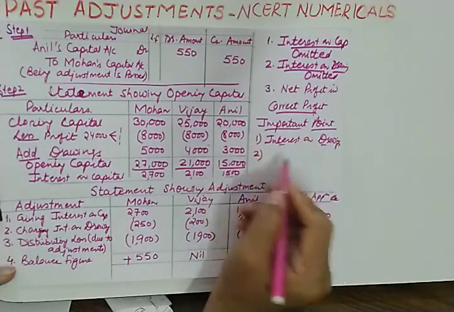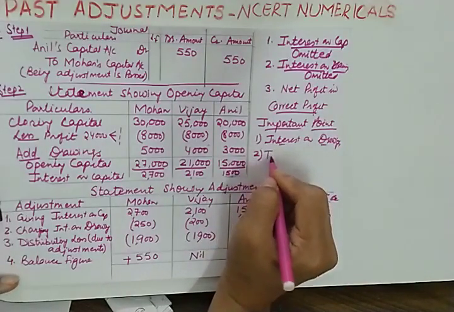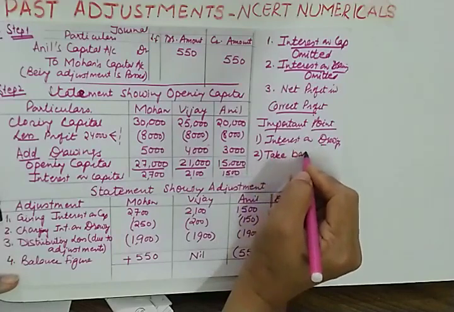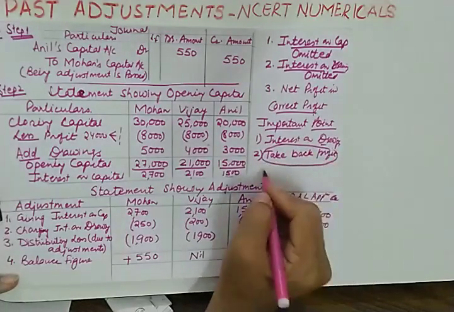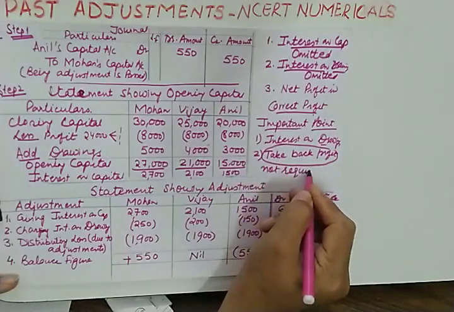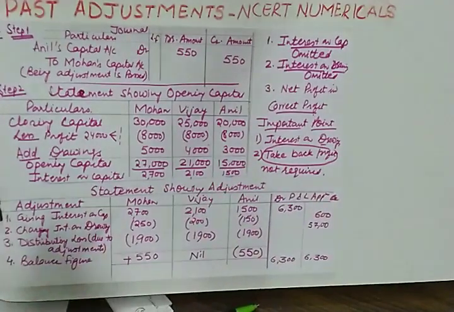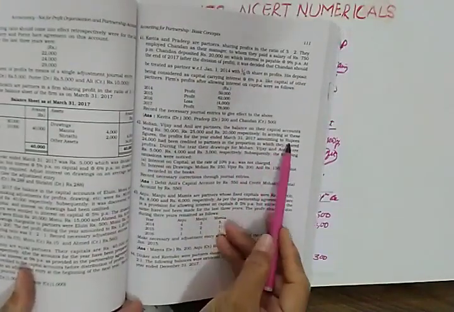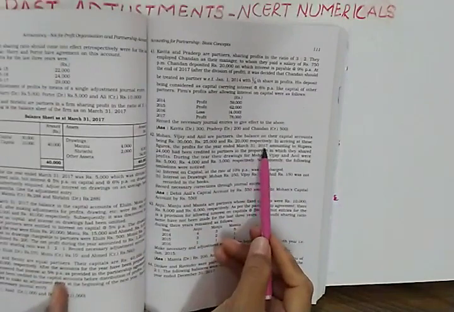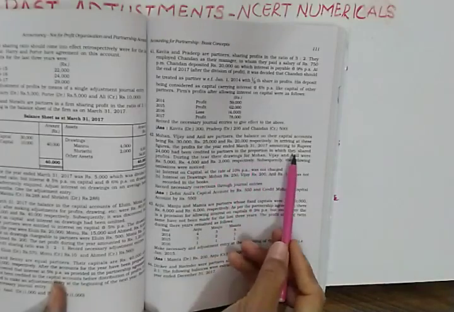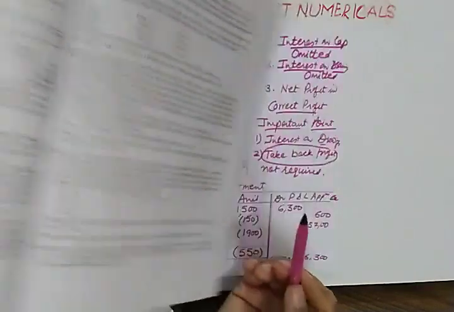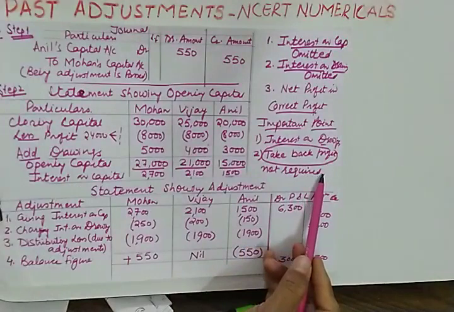Now the second point is, you don't have to take back profits. This is not required at all. Why is this not required? Because it is clearly mentioned in the numerical that in arriving at these figures, the profits for the year ended 31st March 2017 amounted to rupees 24,000 had been credited to the partners in proportion in which they share profits. So whenever profits are shared in the correct ratio, you don't have to revert it back.